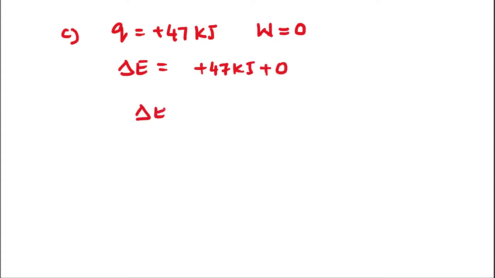That gives delta E is equal to simply 47 kilojoules gain. Why? It is coming into the system and the system is not performing any work, and also it is not receiving any energy in the form of work. Therefore the internal energy change is just the heat received from the surroundings, that is 47 kilojoules.